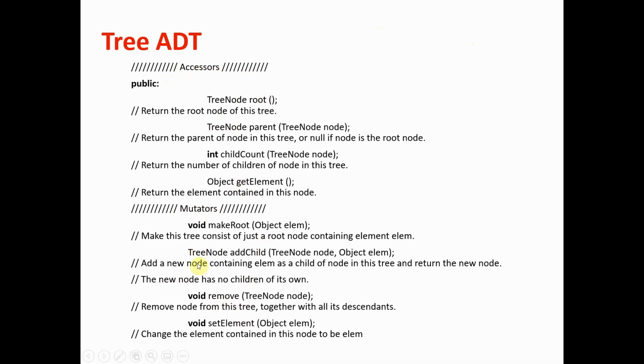But other accessors and mutators that we can have are returning the root node of a tree, finding the parent of a node, the number of children of a node, getting the key value that's stored in a node, returning the element contained in the node.